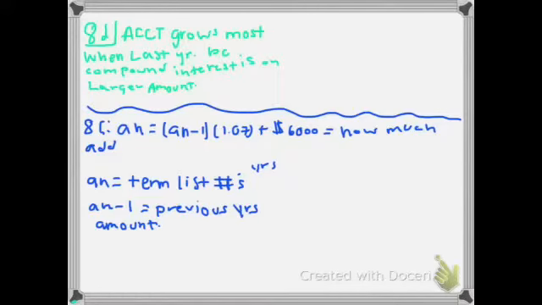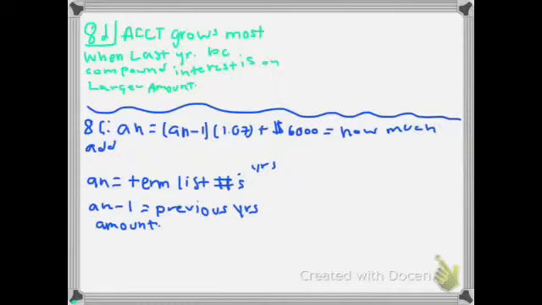Now that it has a lot of money to grow interest off of, that's why it became the largest amount of growth. Actually, that was 8D, sorry. 8C is write a recursive rule for how much gets added.